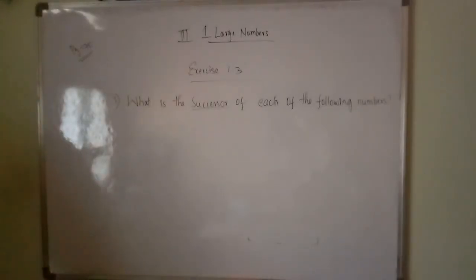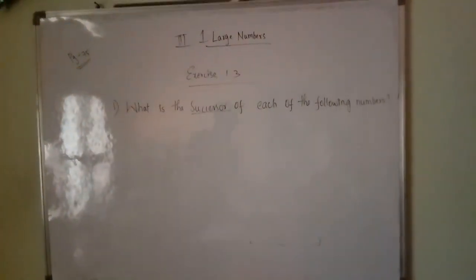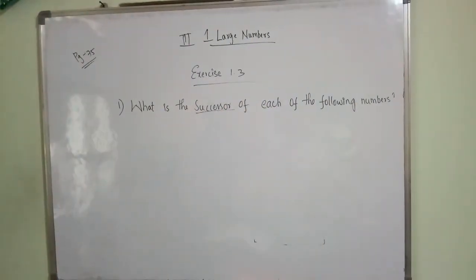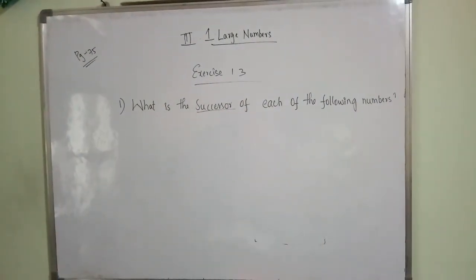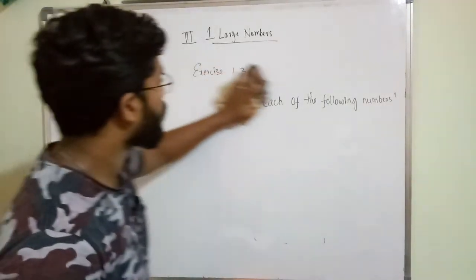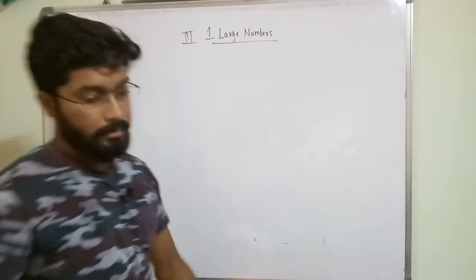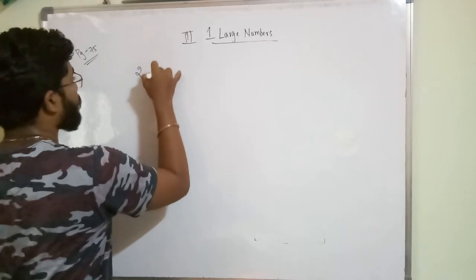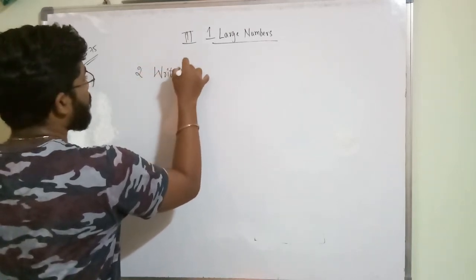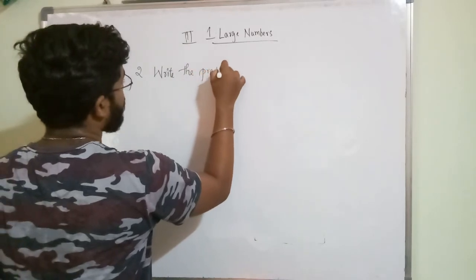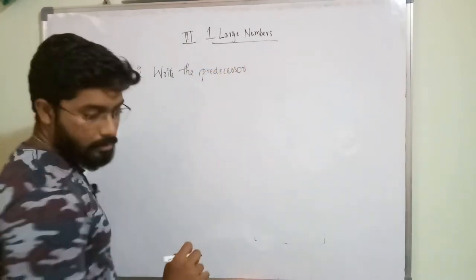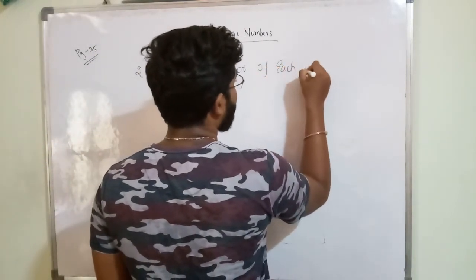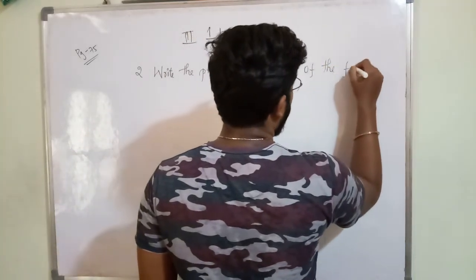So this first bit is completed. What is the next bit? Write the predecessor of each of the following numbers.